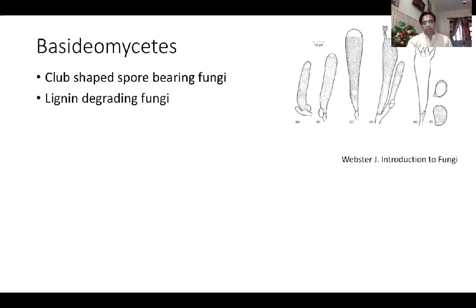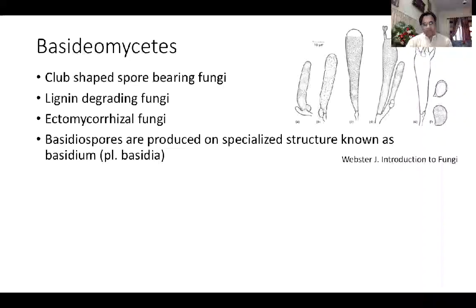These fungi are also important because they are known for lignin degradation. Lignin is an important cementing material present in wood. Then ectomycorrhizal fungi mostly belong to basidiomycetes.